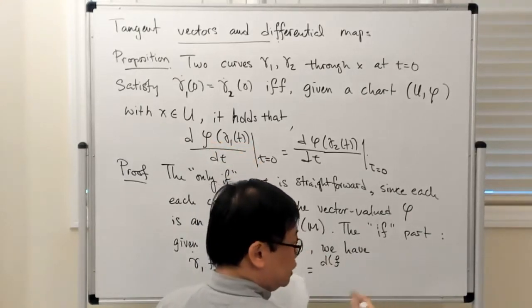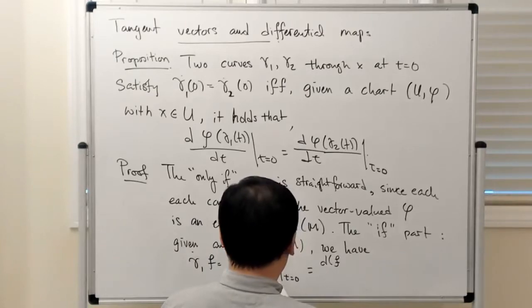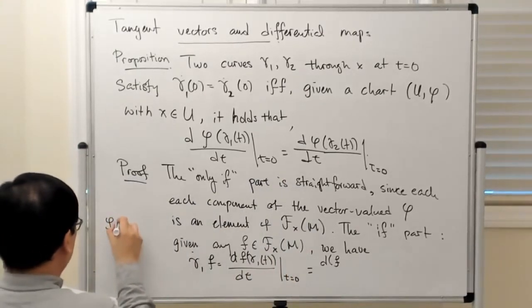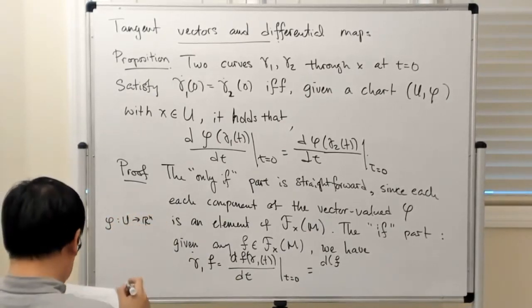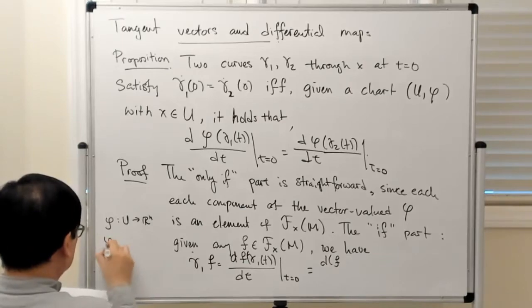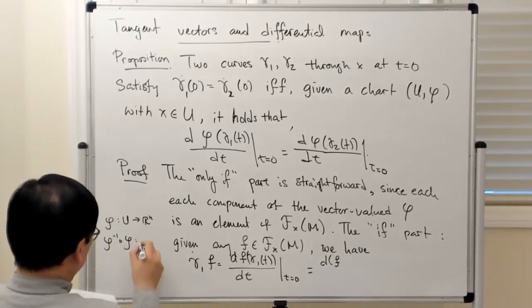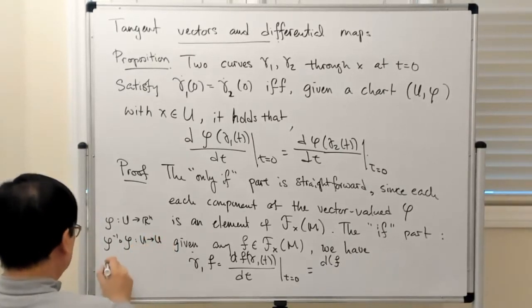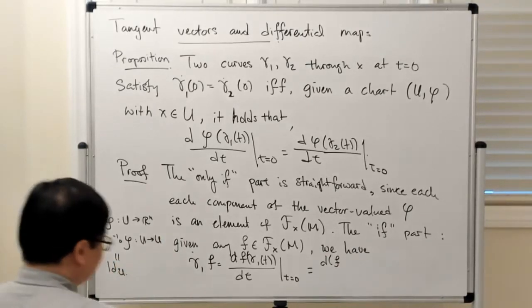And so the composition obviously is the identity on the manifold. So this is a map from U to R^n. This composition is now a map from U to itself, but it's essentially the identity on U.